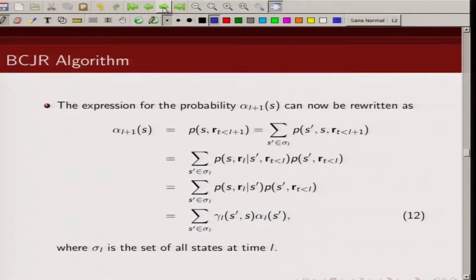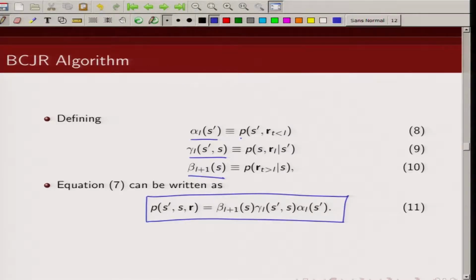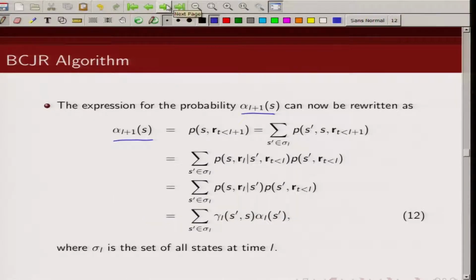So, these alphas can be computed using forward recursion as follows. Let us look at what alpha l plus 1 of s is. Now, go back to our definition. It is the joint probability of being in state s prime and receiving the sequence at times t less than l. So, alpha l plus 1 from the definition can be written like this.